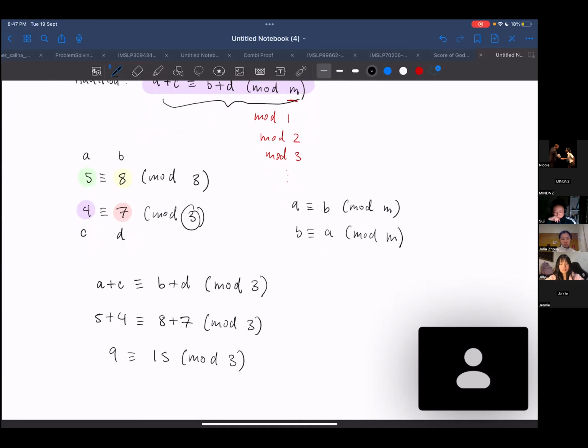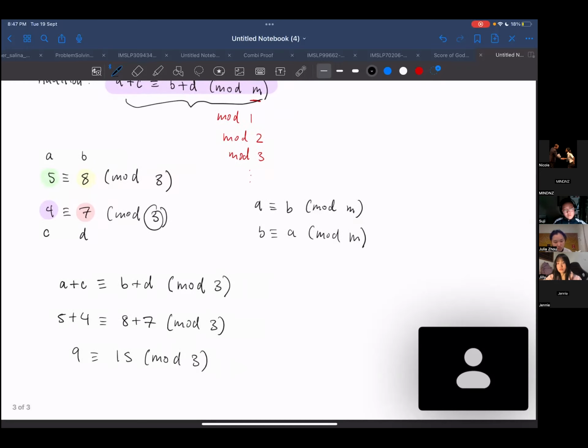Does everyone understand how I've plugged those numbers in? Okay, cool. And then we see that in the end, this is true, right? Both of them are divisible by 3. They're both congruent to 0 mod 3. So they have the same remainder, which is 0 when divided by 3, and therefore they're congruent to each other.